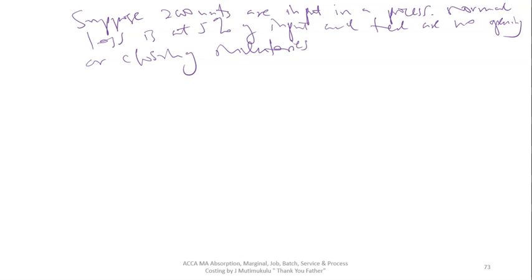Because of our time, the time has already gone, so we are going to have another video that is going to conclude everything with regards to process costing, because we have to consider a situation where we'll be having the opening and closing inventories, and also the issue to do with joint products and so forth.